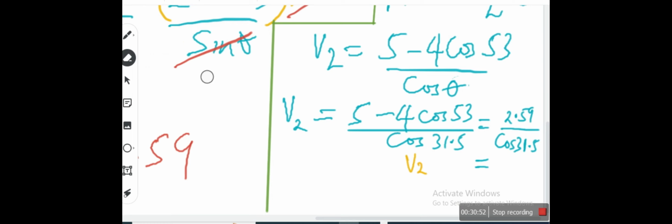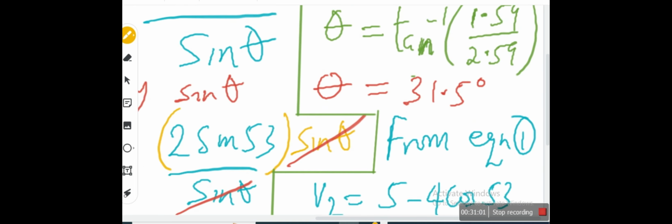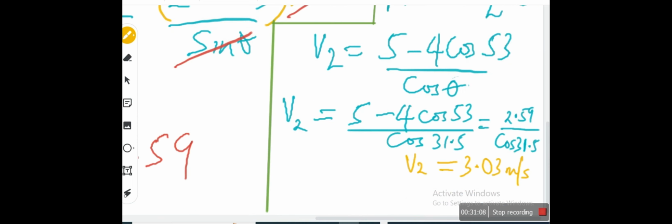Did you say 3.03? Yes, 3.03 meters per second. All right. So the angle is 31.5 and the velocity is 3.03 meters per second.